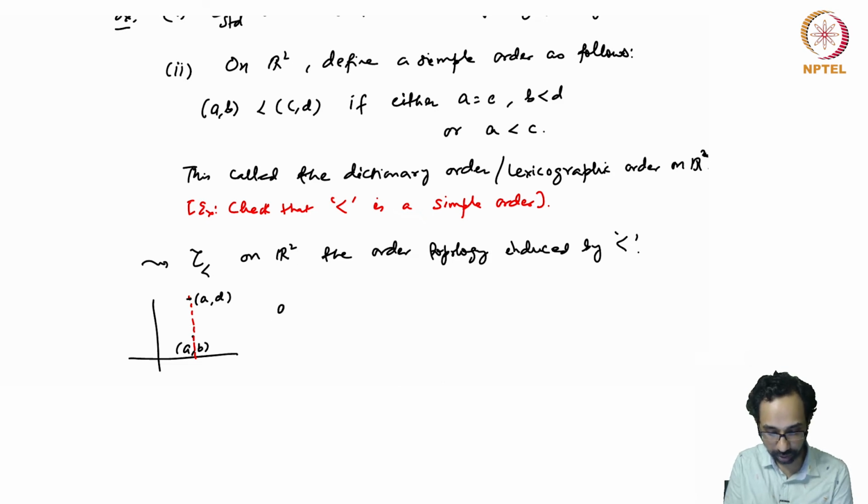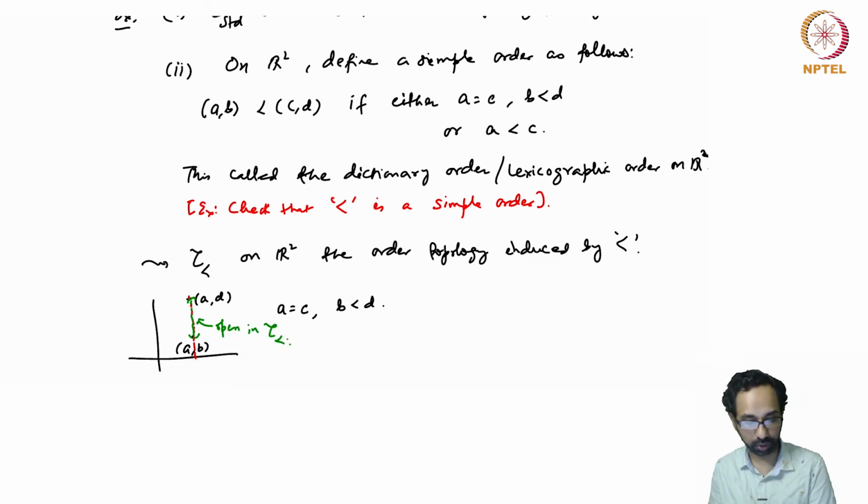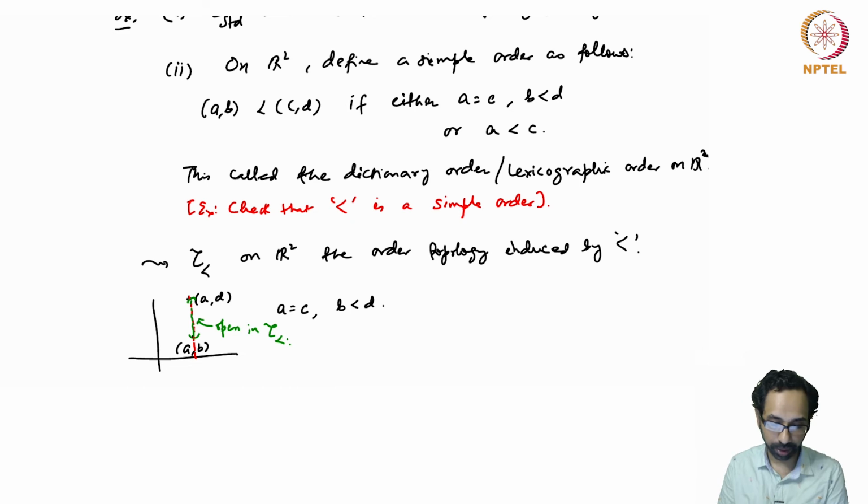So here a equals c and b is less than d. So this means that the line segment is open in this order topology on R2. Now you may recall that such a thing is usually not open in the standard topology on R2.